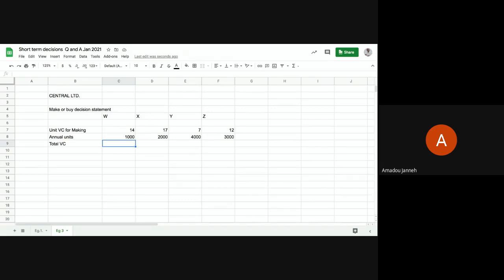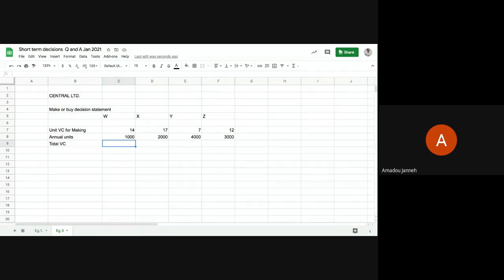Nima, are you with us? Yeah. Okay, give us the formula that we should put here. I know we have to multiply the unit variable cost of making by the annual units, but tell me how we're going to code this in Google Sheets. What formula should we use specifically?